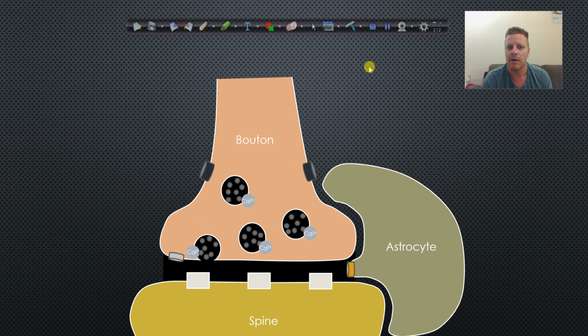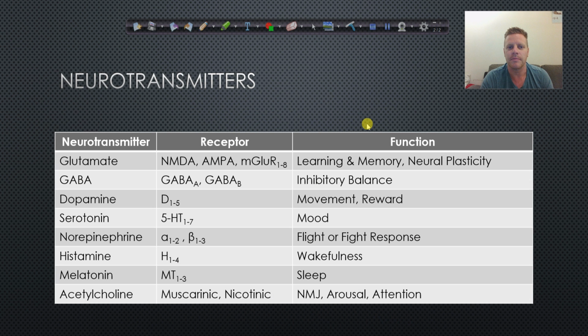And so what this means is that we've now triggered a neurotransmitter to signal the next cell. So these neurotransmitters bind to receptors on the next cell and are able to then trigger action potentials in the following cell. And so these neurotransmitters can be any of the numerous transmitters that are present throughout the brain.